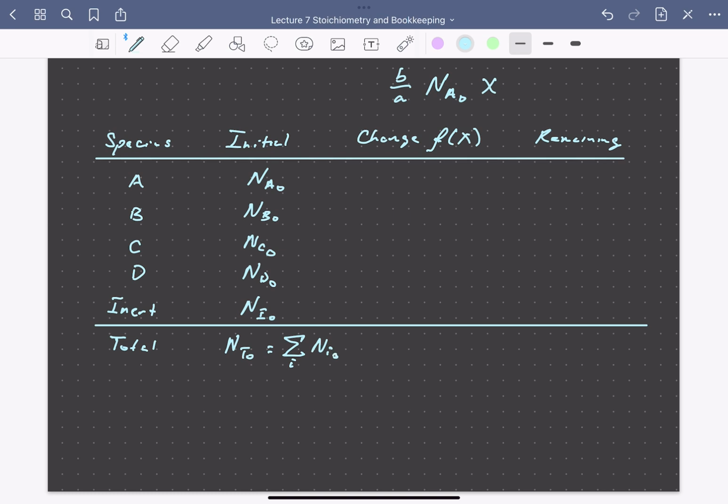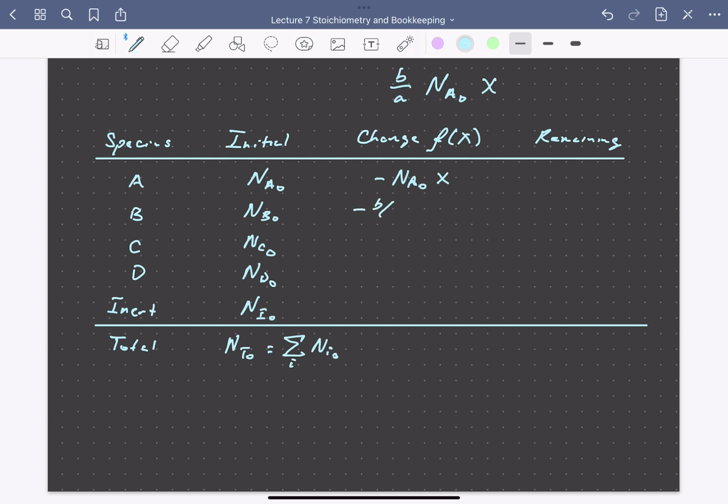So the change, the number of moles reacted, we can write from the stoichiometry. So for A, the change will be minus N_A0 times the conversion X. So the sign here is negative because A is a reactant, so the number of moles is decreasing with time.